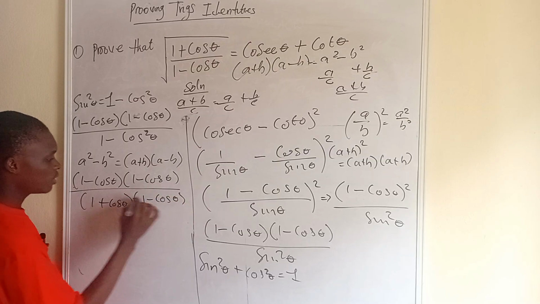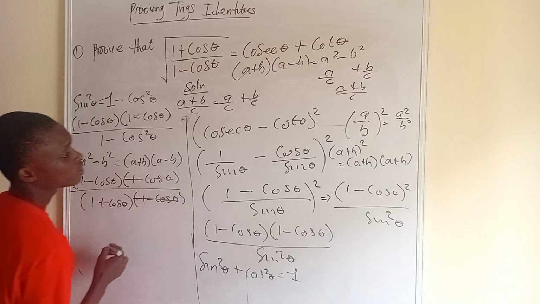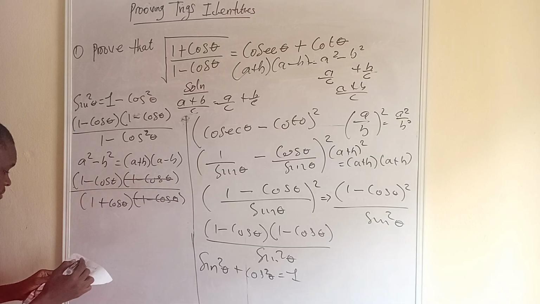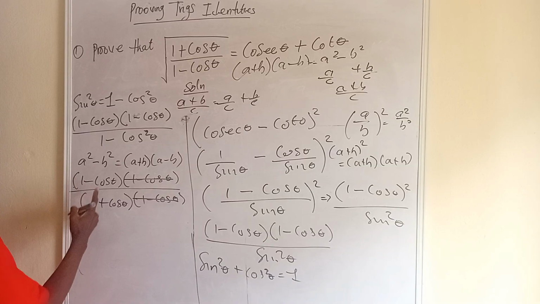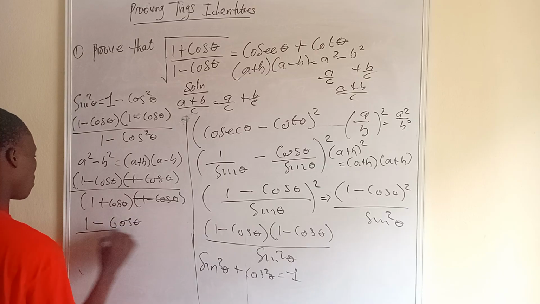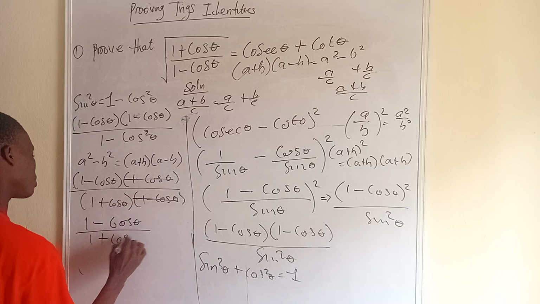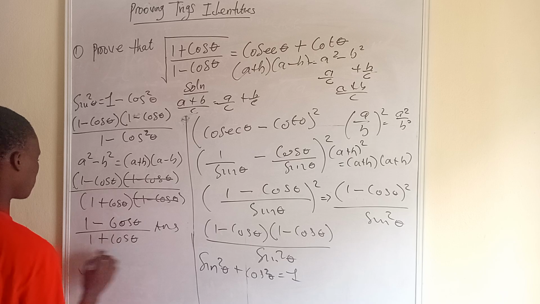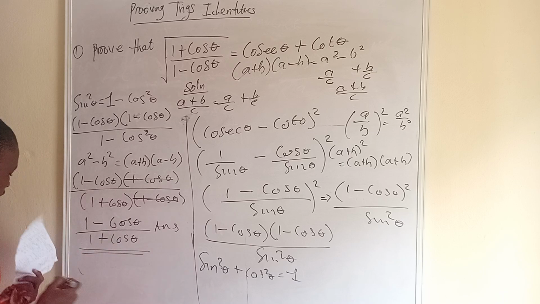So clearly, this can cancel out. All right. So finally, we say that 1 minus cos theta all over 1 plus cos theta is our answer.